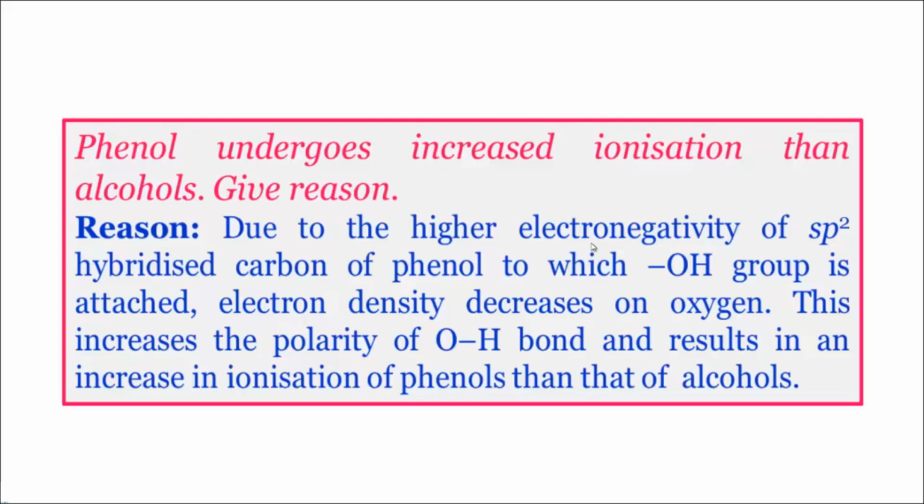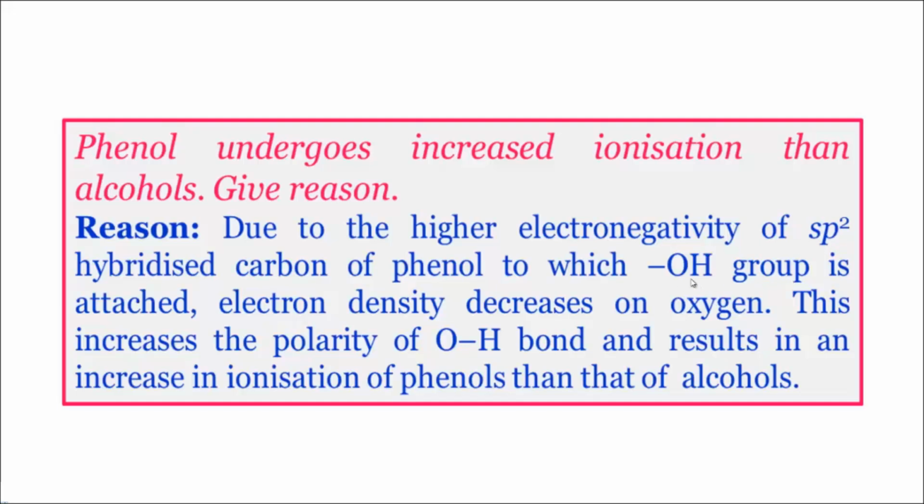Due to the higher electronegativity of the sp2 hybridized carbon of phenol. Which is this carbon that we are talking about with respect to phenol? We are talking about the benzene ring carbon. The benzene ring carbon has undergone sp2 hybridization.